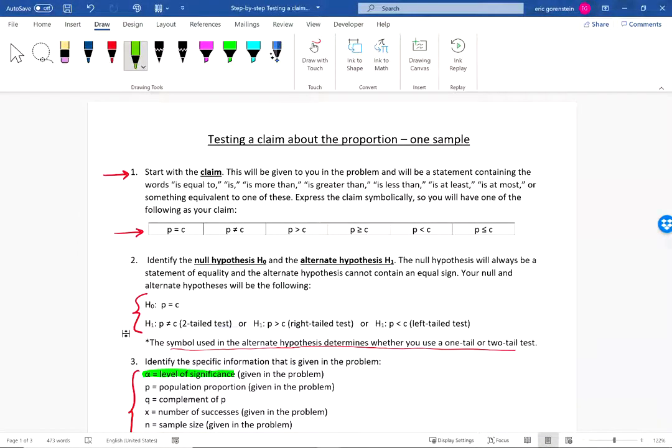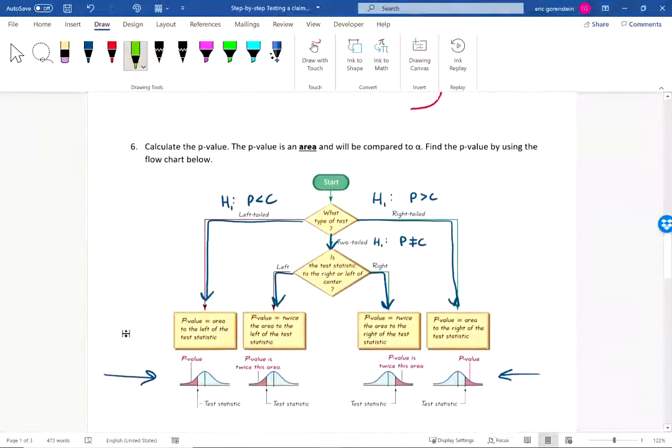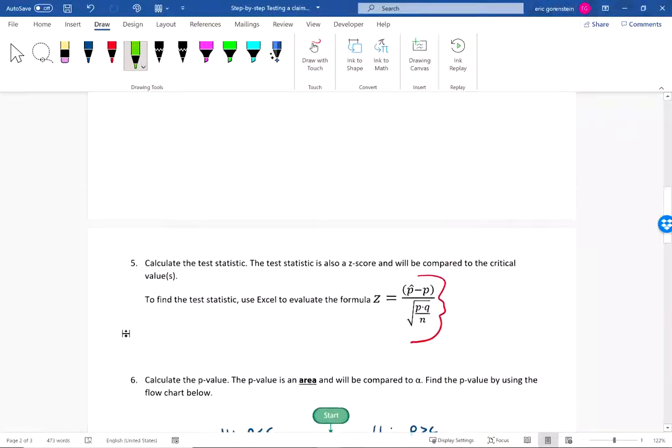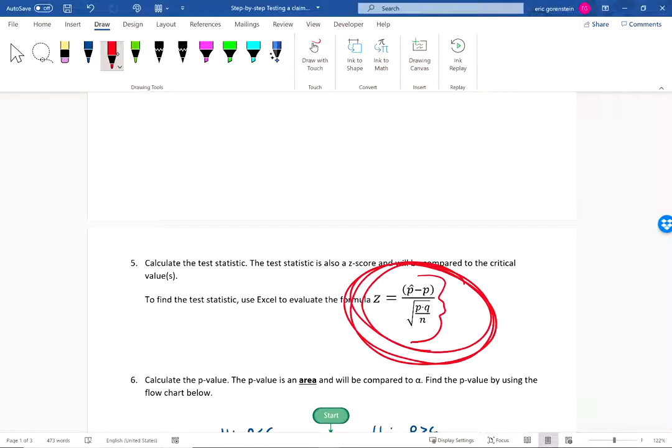Same 8 steps. The only difference is right here in step 5. When we switch to the mean, we're going to have a different formula for the test statistic. But other than that, section 8.2, which is the proportion, and section 8.3, which is the mean, the same 8 steps are what we use for problems from both sections. The only difference will be step 5. We'll have a different z-score formula.